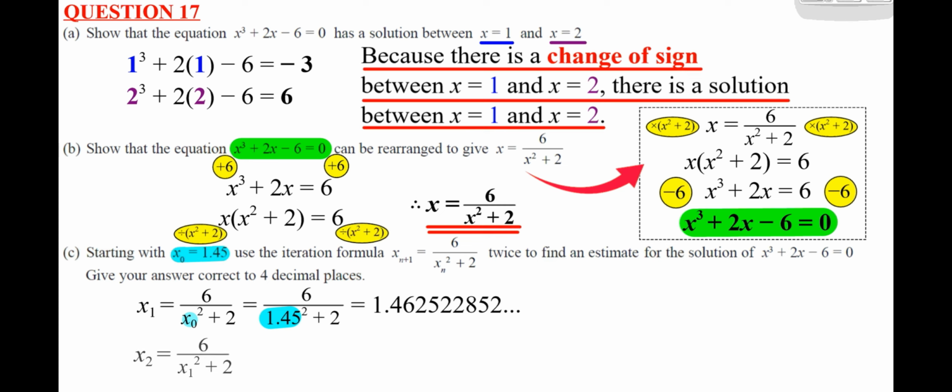There's a quick way of doing this on a calculator, however. So x subscript 2 is that algebraically. In terms of actually what we're going to do, we're going to sub in that x1 is 1.462522. However, on a calculator, we can just use the answer button to do that quickly.